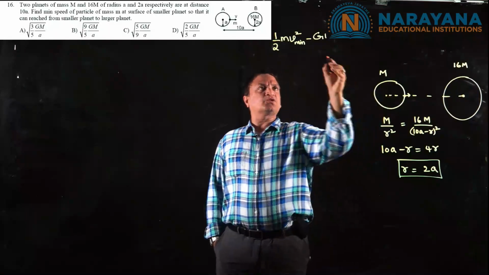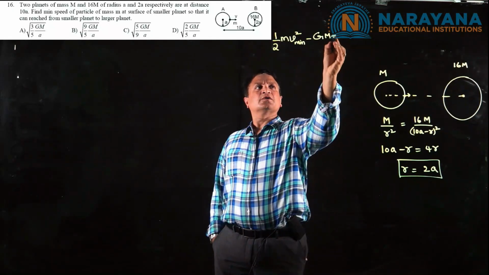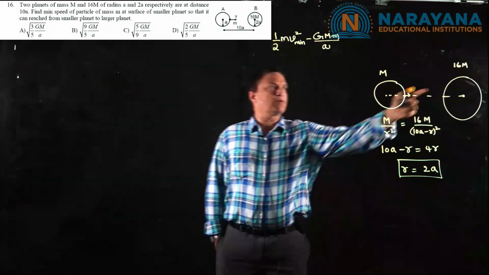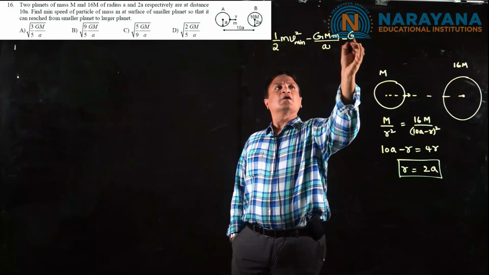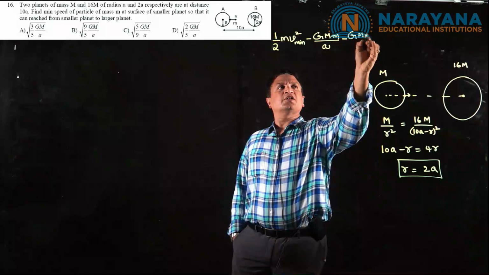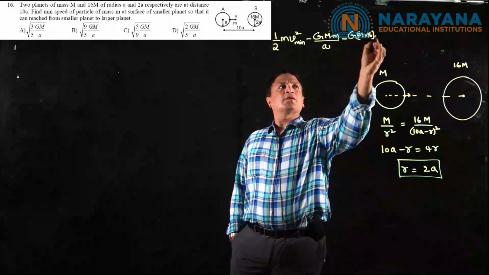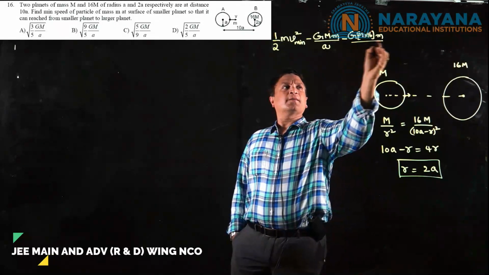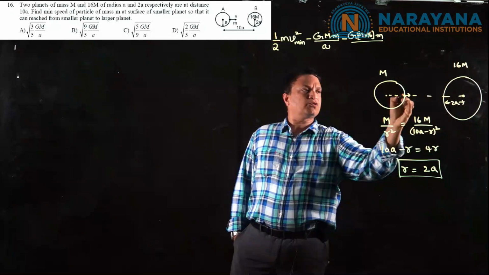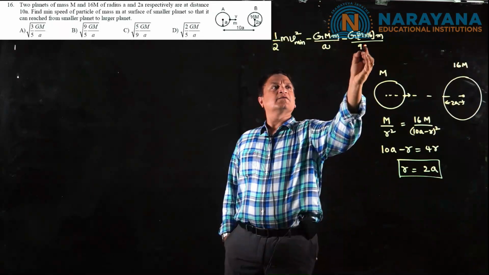At this point there are 2 potential energies. What about the potential energy of that? Capital M into 16 small m by, this is already of radius 2a. From here to here it is 9a.